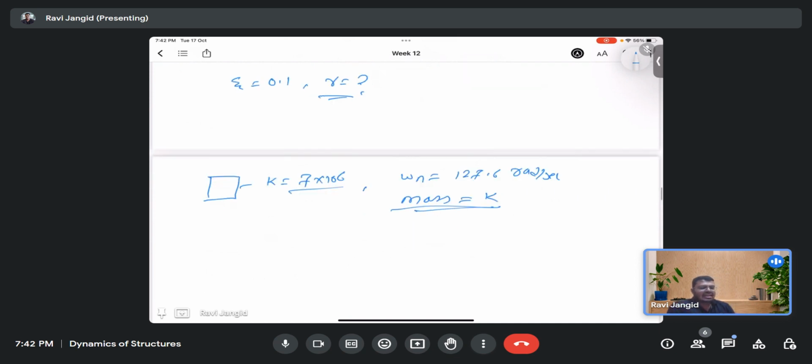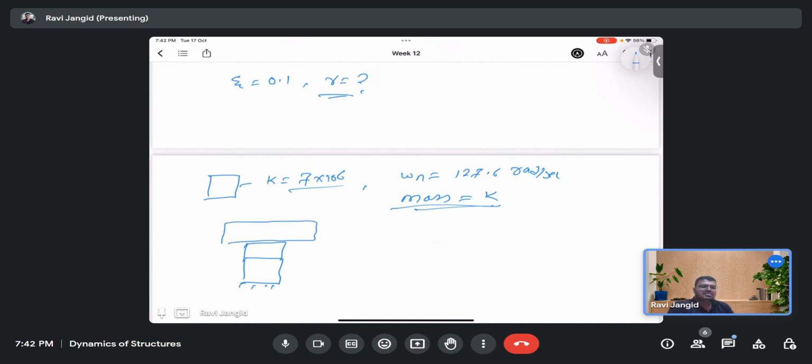That can be done like this: I have the same isolator. If I put my two isolators in series, did you get it?